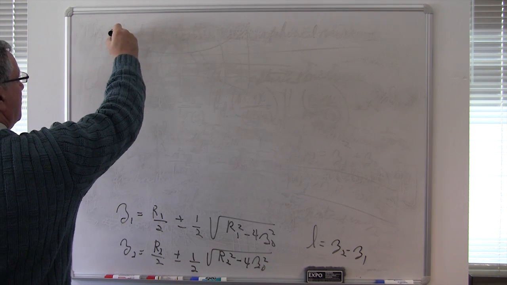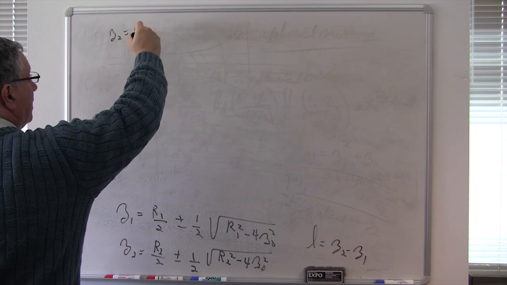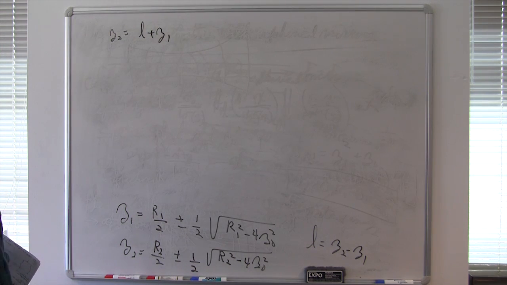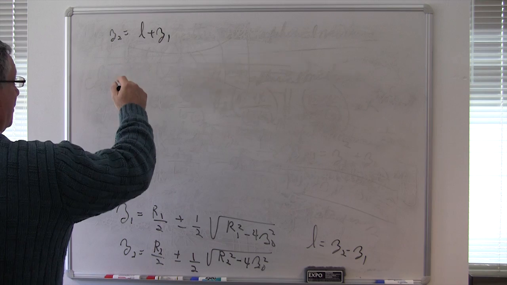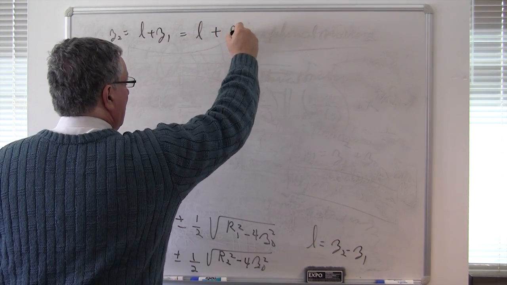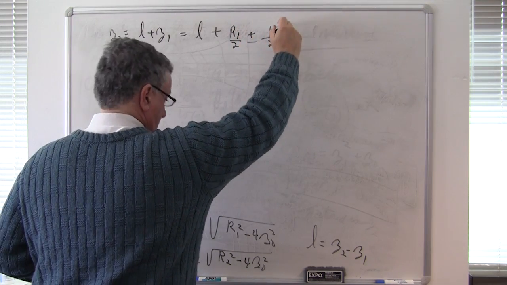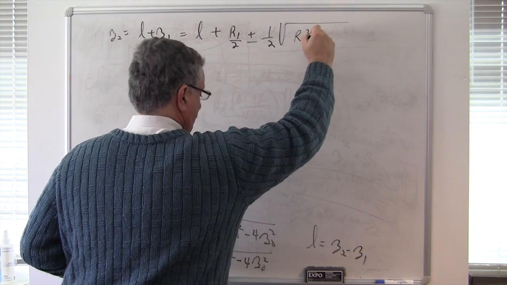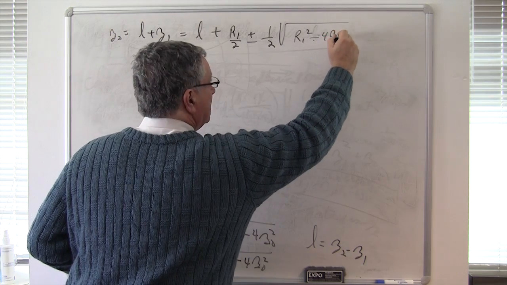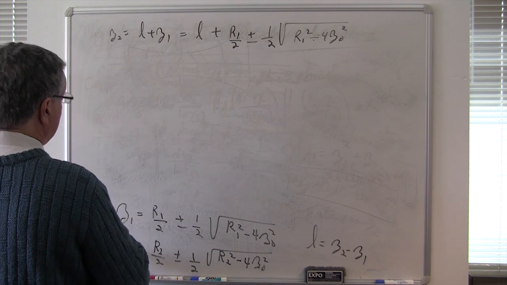So Z2 is equal to L plus Z1, so you do L plus R1 over 2 plus or minus 1/2 square root of R1 squared minus 4Z0 squared.